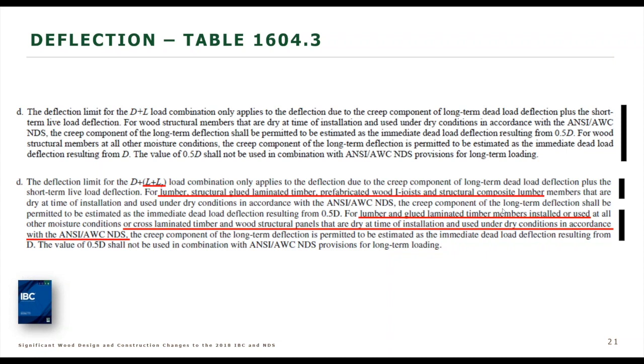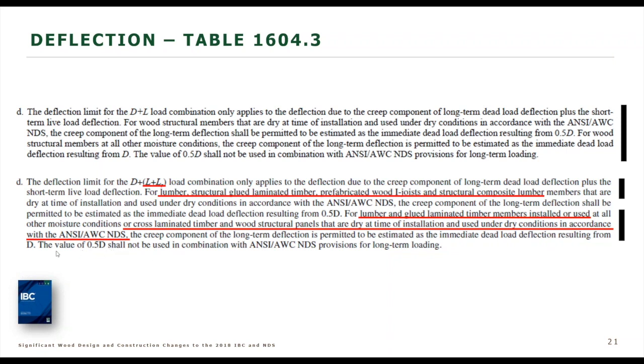And then where we have lumber, glue laminated timber, also cross-laminated timber that are dry at installation and in dry conditions of use, then you use 1.5 times the dead load to estimate that creep component. And then for others beyond that, I-joist, structural composite lumber, the value of 0.5 will be used.